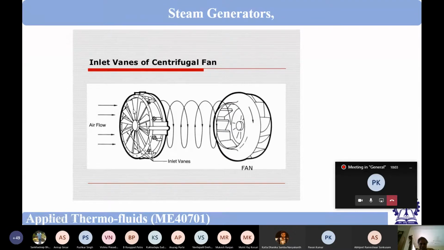The advantage is that these inlet vanes, though acting like a valve, are a special kind of valve. It will not create that much flow resistance, and it will not make the flow very non-uniform. Though it is reducing or increasing the flow, it will keep the velocity distribution more or less uniform.